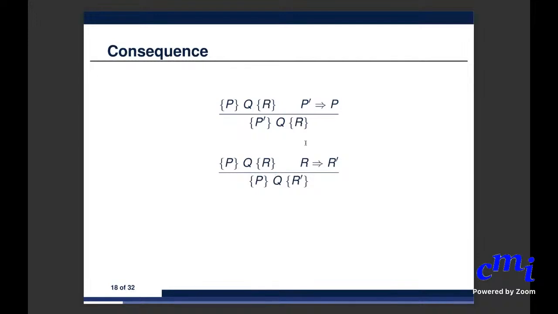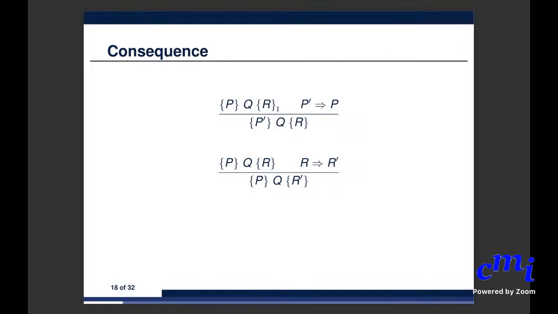Finally, there are rules. Once you forward propagate across the program and get the strongest postcondition, you can use that to show that whatever postcondition you have proposed as part of the specification is true.